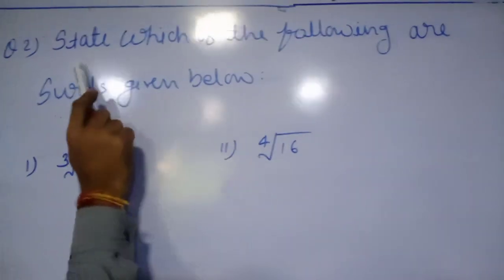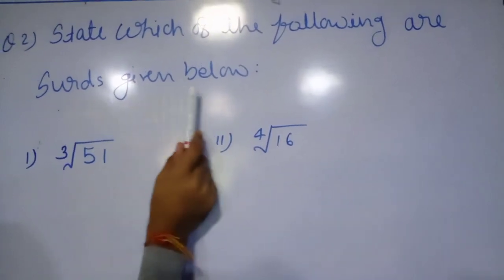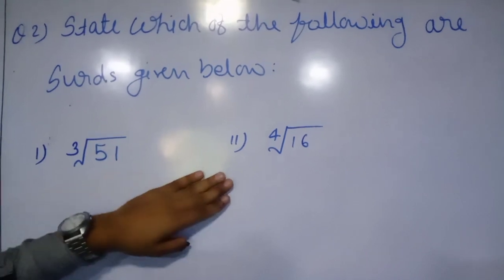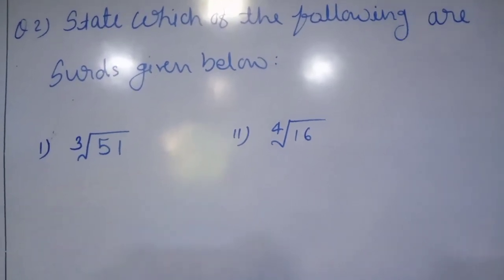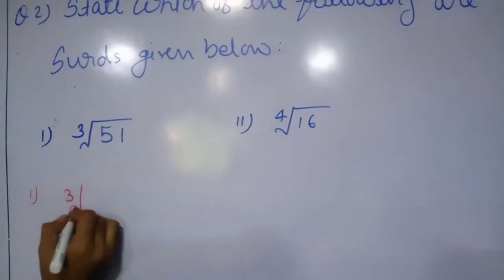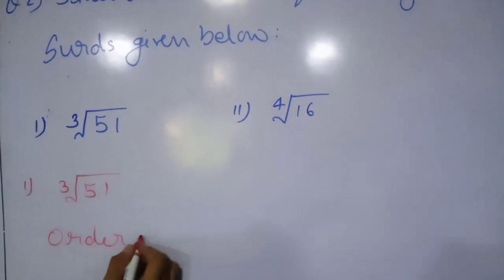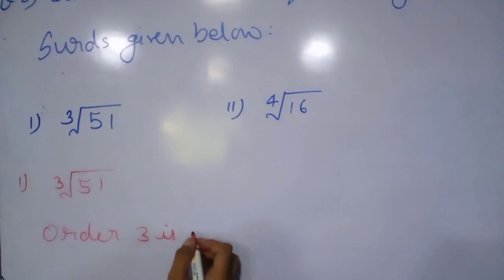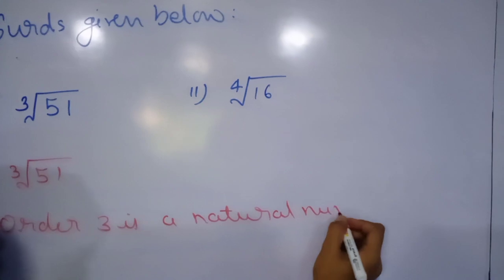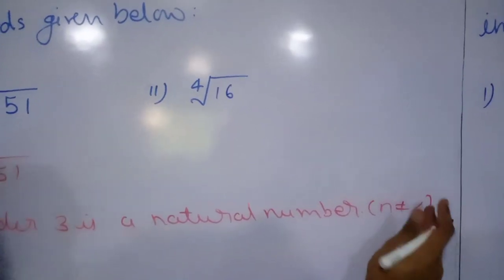Sum number 2. State which of the following are surds. Now here we are going to identify which are surds and which are not surds. In the first one, order 3 is a natural number and n is not equal to 1.